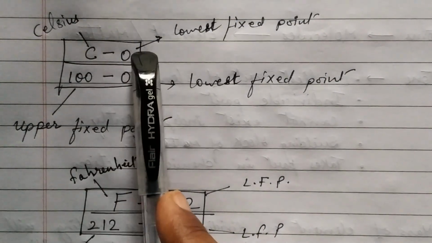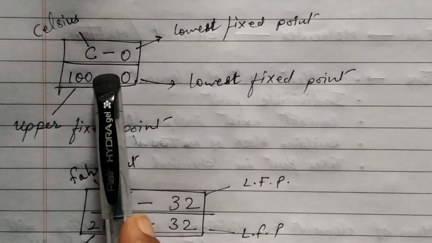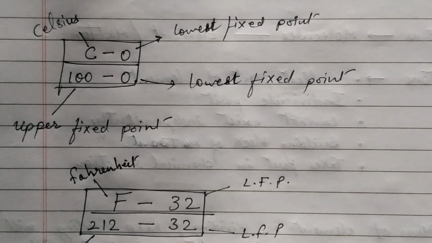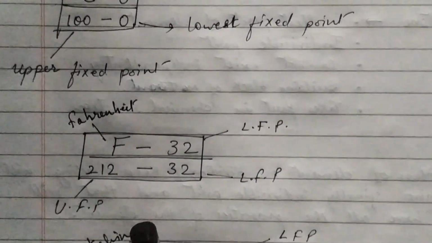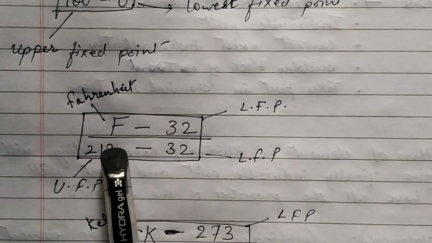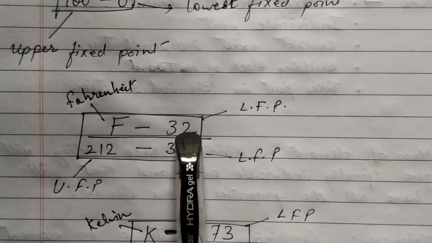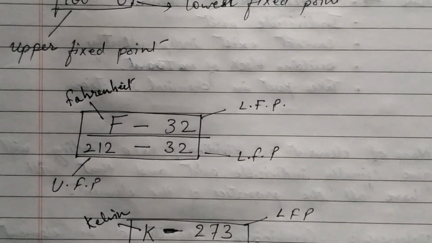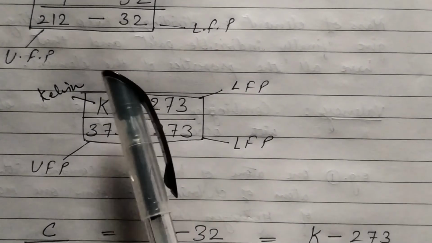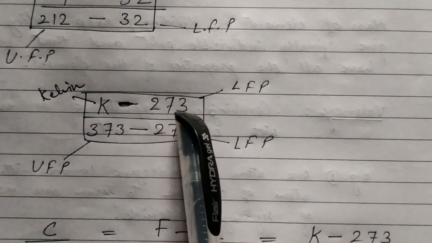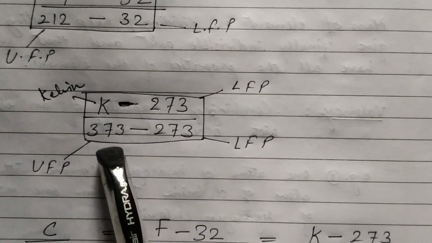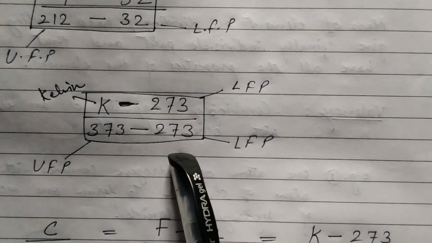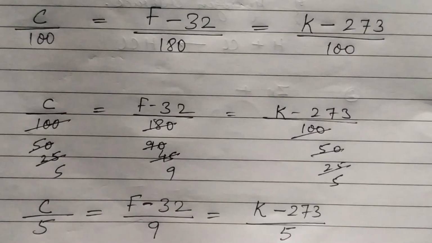Celsius minus lower fixed divided by upper fixed minus lower fixed. Same way for Fahrenheit, Fahrenheit minus lower fixed over upper fixed minus lower fixed. Same way for Kelvin, Kelvin minus lower fixed point divided by upper fixed point minus lower fixed point. How easy it is to learn.